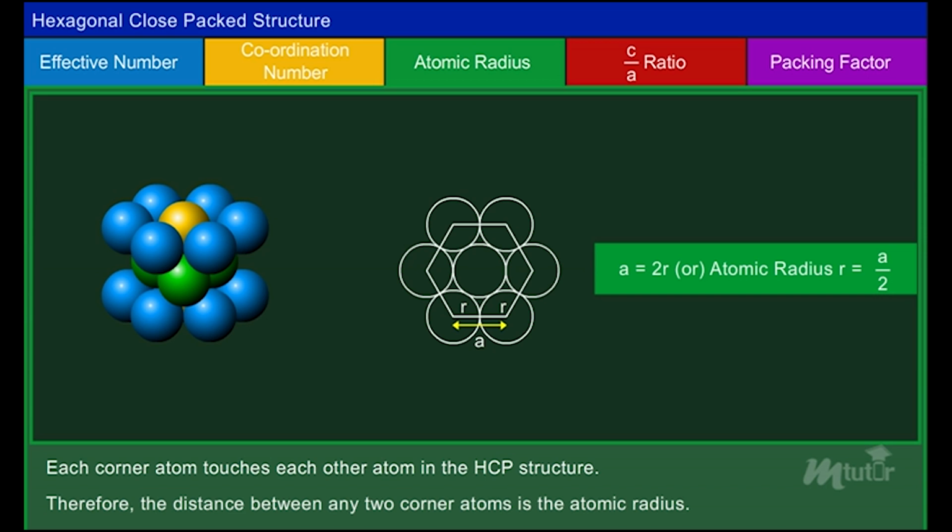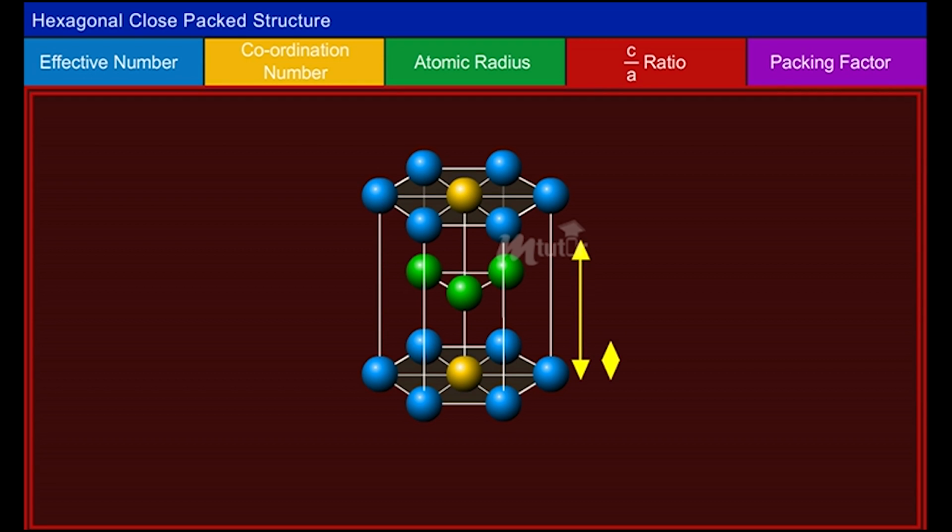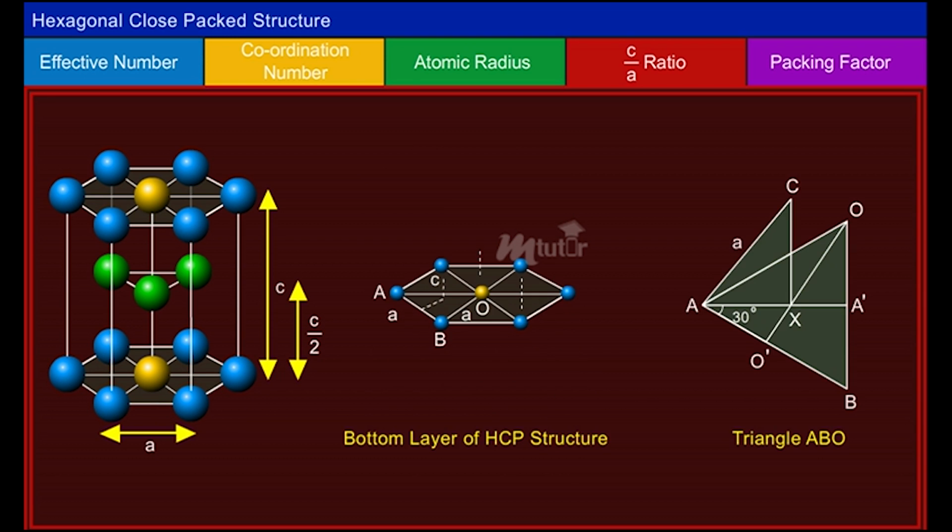Let C be the height of the unit cell and A be the distance between 2 neighboring atoms. Consider the triangle ABO in the bottom layer of the HCP structure as shown in the figure. Here, A, B and O are the lattice points, and exactly above these at a perpendicular distance C by 2, the next layer atom lies.